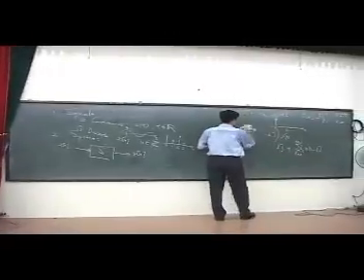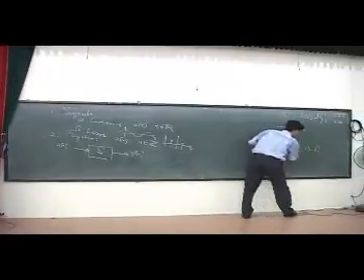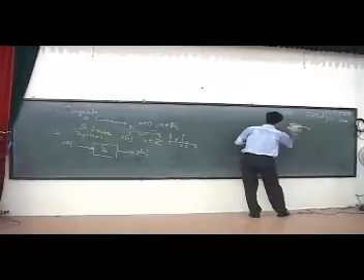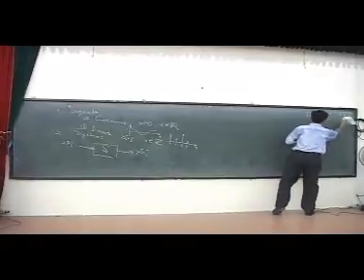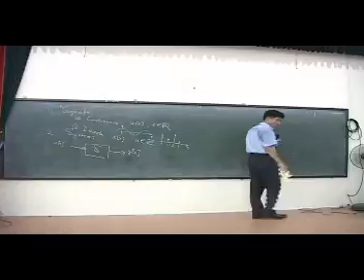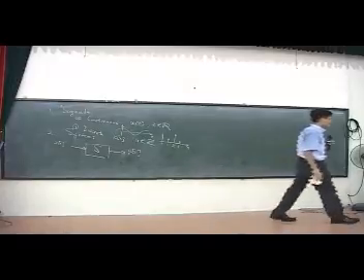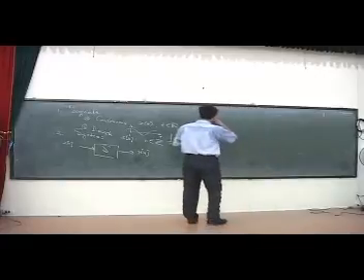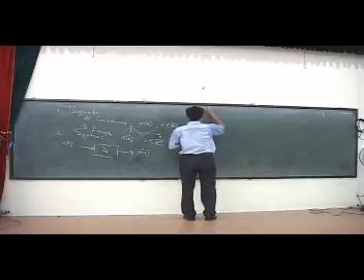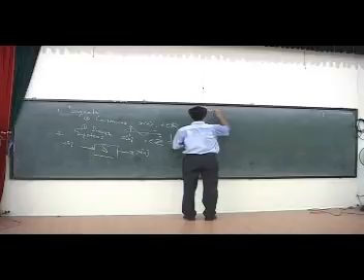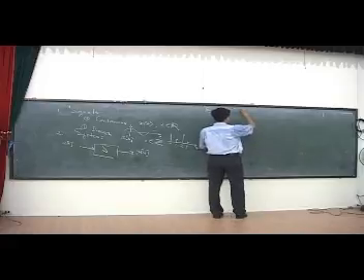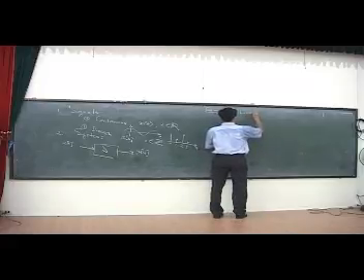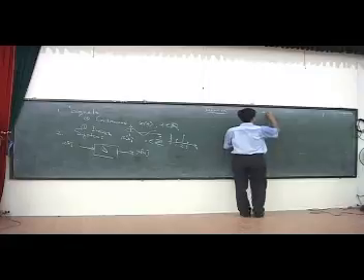I'm going to define a class of systems that are quite general, but have a quite remarkable property. So I'm going to give a definition of the so-called linear time invariant system.